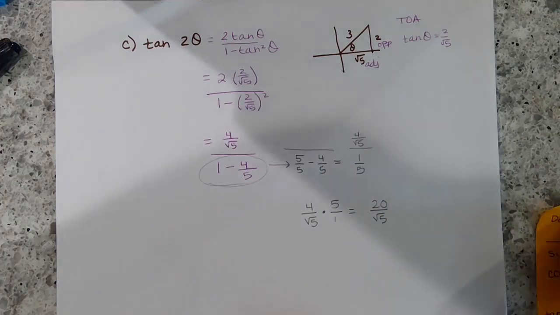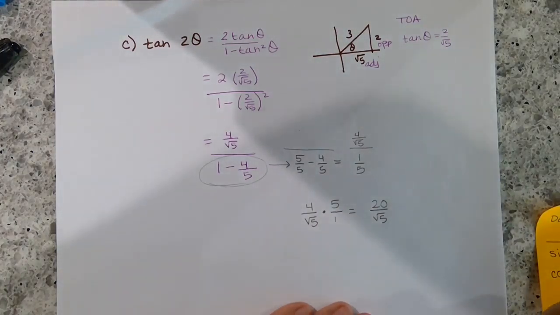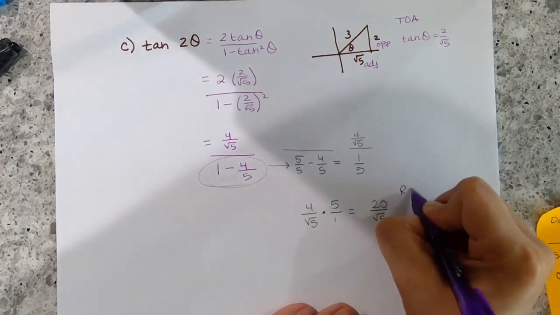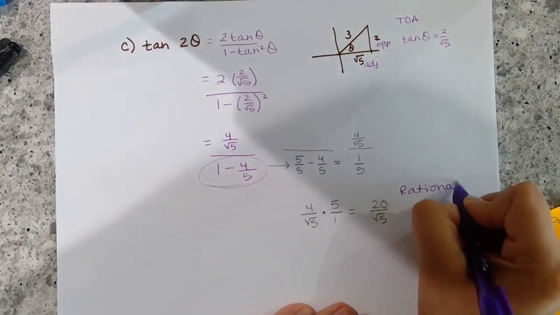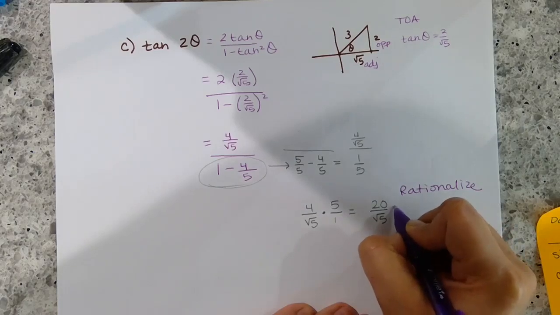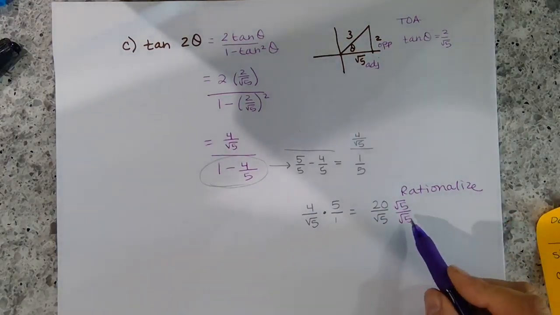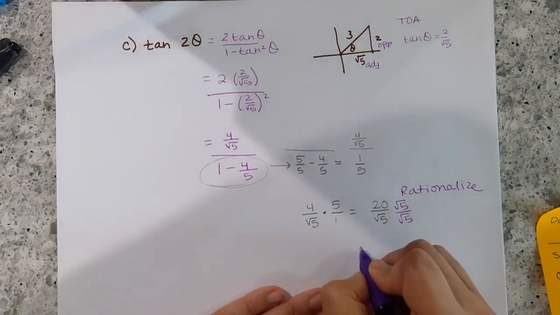Done. I would actually mark that wrong on a test because you're not allowed to have square roots in the denominator. That's bad math. So you would need to rationalize. To rationalize, multiply top and bottom by square root of 5 over square root of 5. Again, square root of 5 over square root of 5 is just 1. You're not changing the value, you're just changing the way it looks.